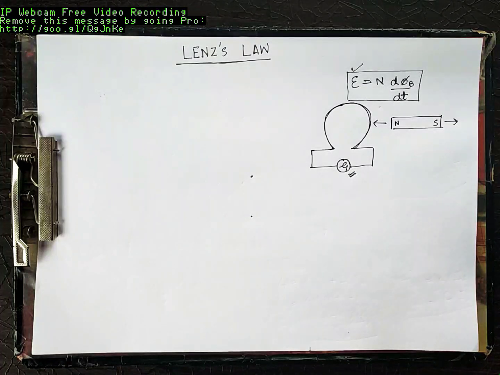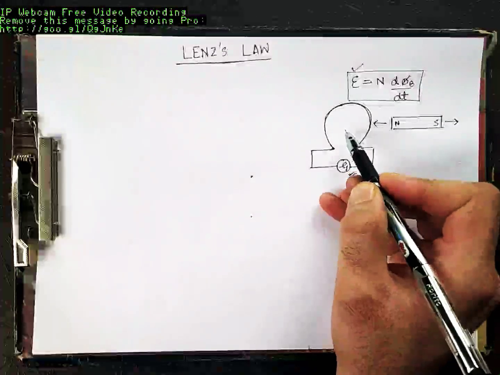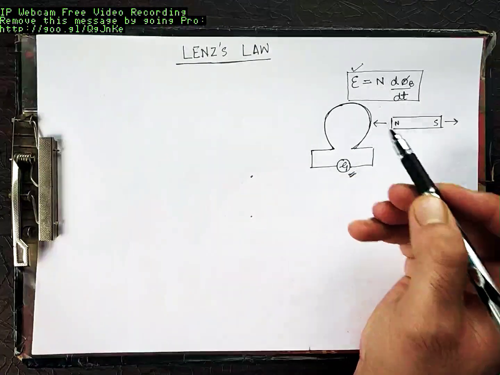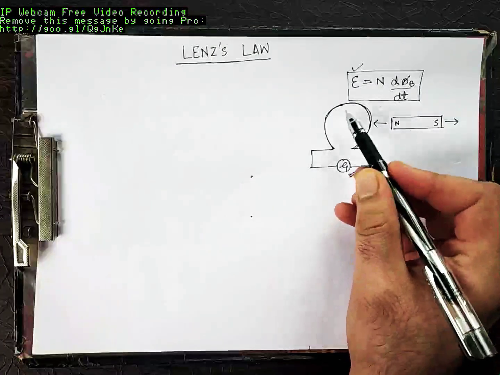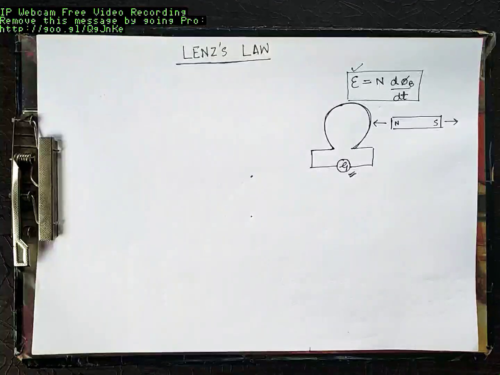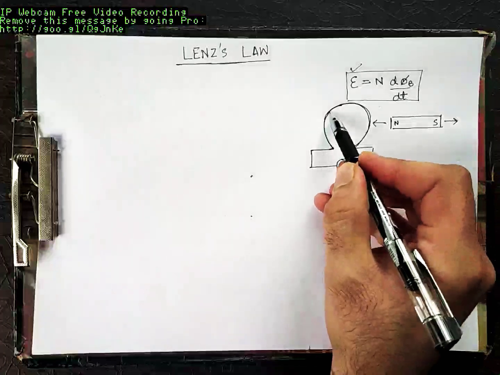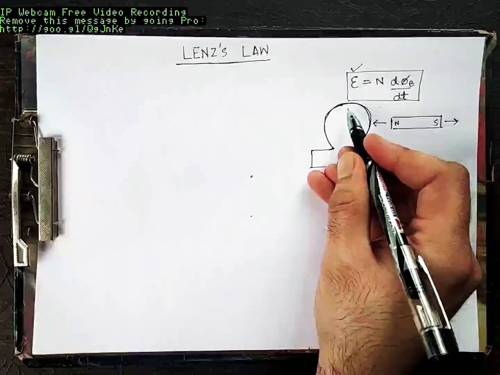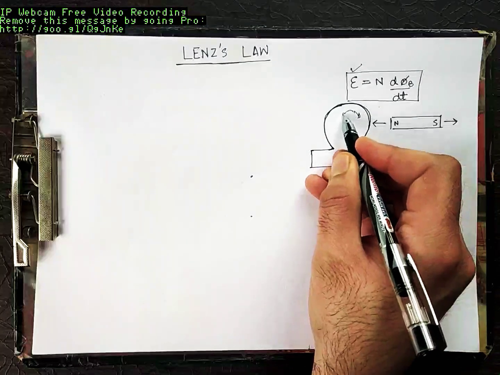But now the question is, what will be the direction of the induced voltage in this coil? Or rather, to make it simpler, what will be the direction of current in this coil? Will current flow in clockwise direction? Will current flow in anti-clockwise direction?